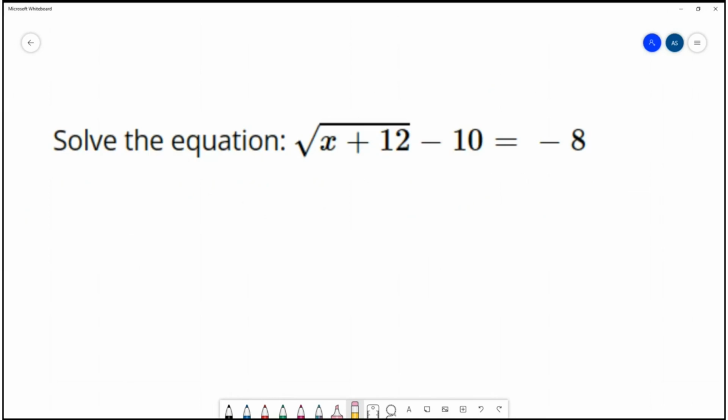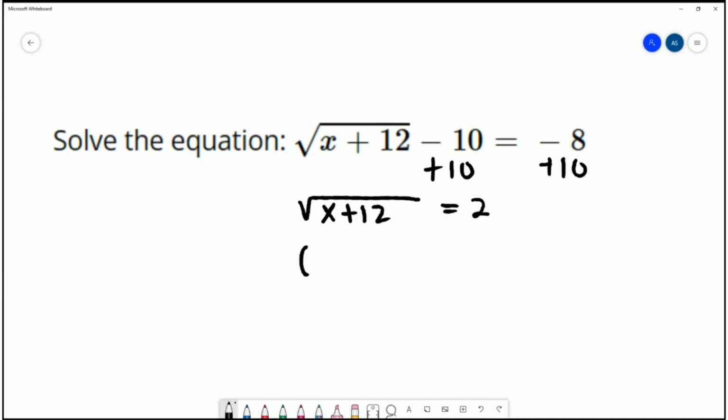When we solve an equation like this, our first step is to isolate the radical on one side. So I want to add 10 to both sides. Once we've isolated the radical, we have square root of (x + 12) equals 2.